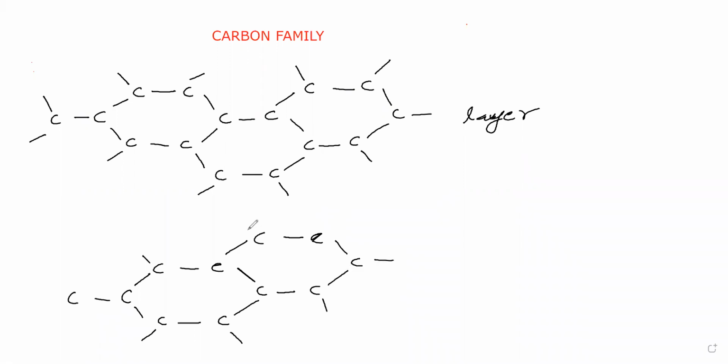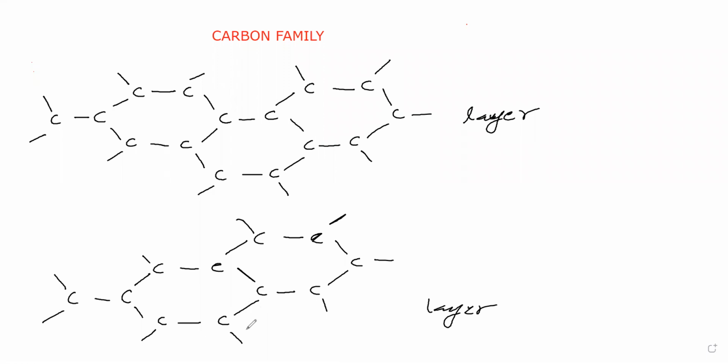Like this continuation. It is a layer. It is also a polymer. It is 2-dimensional. All the sigma bonds are in one layer, one plane. All the carbon atoms are in one plane.